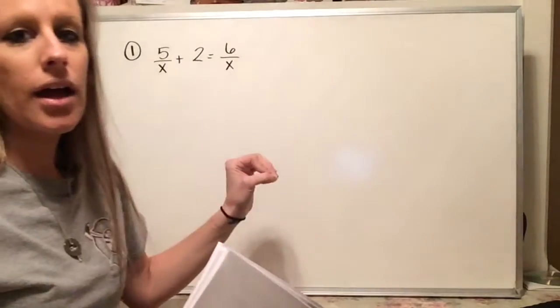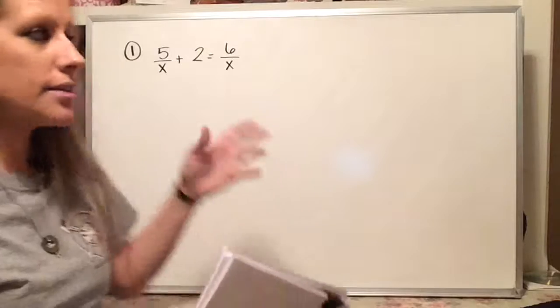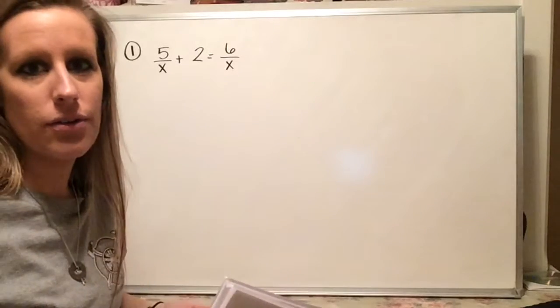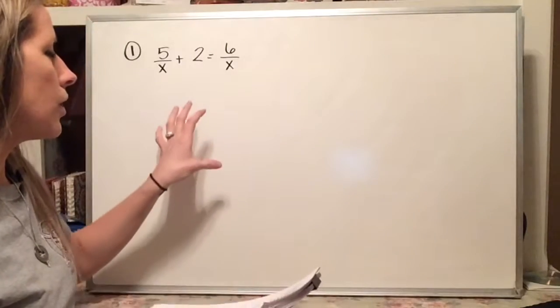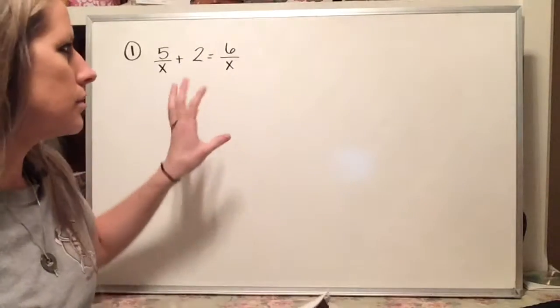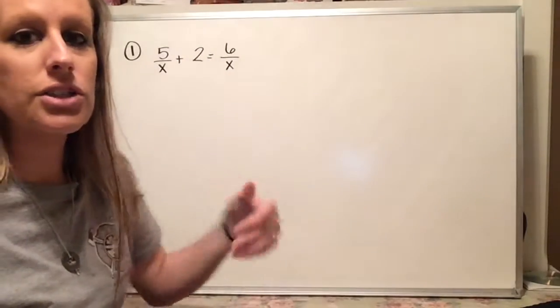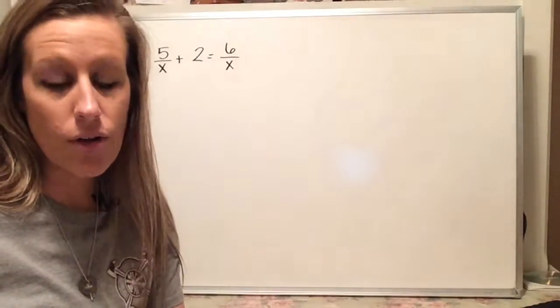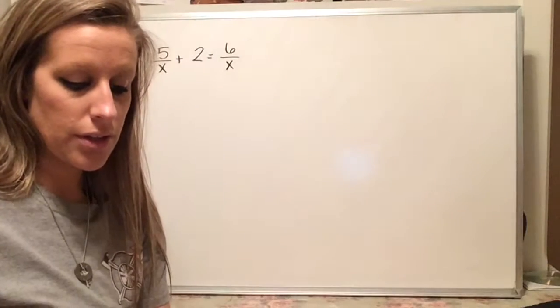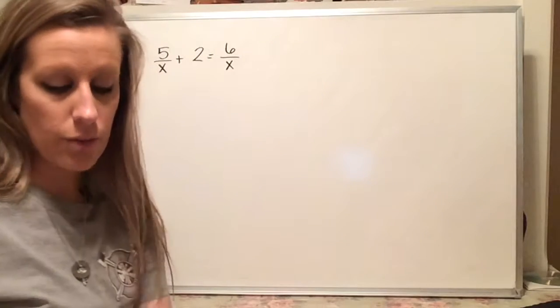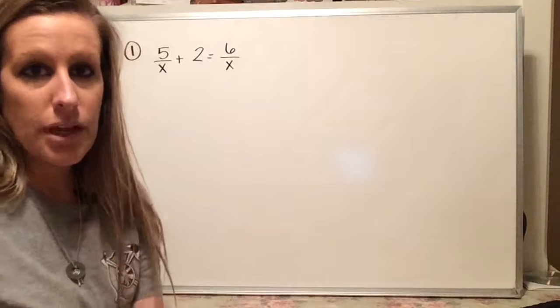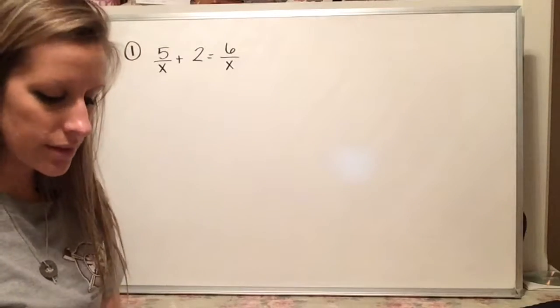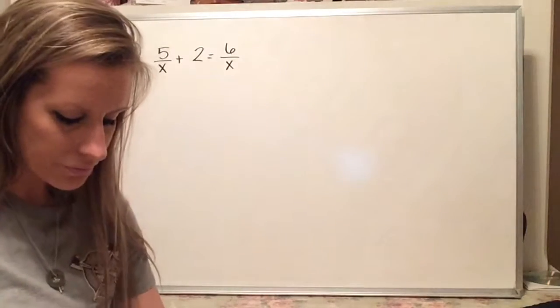But it cannot equal 0, because you can't divide by 0, right? So any solution where your denominator would equal 0, you have to make sure that that's not part of your answer. And we'll go over that in a couple of these examples, but that's what it's talking about.